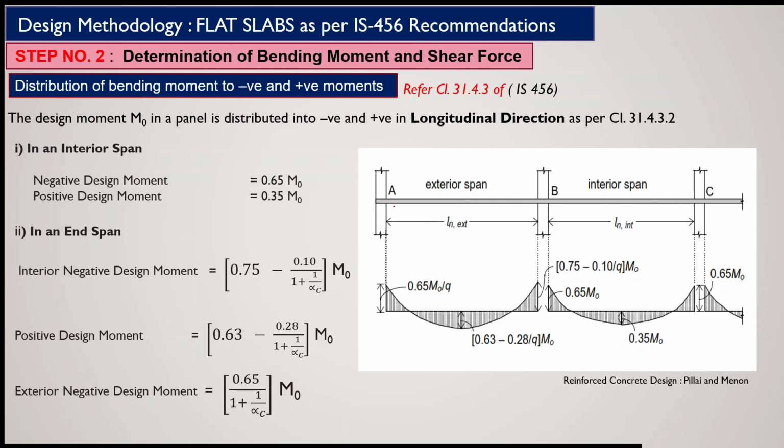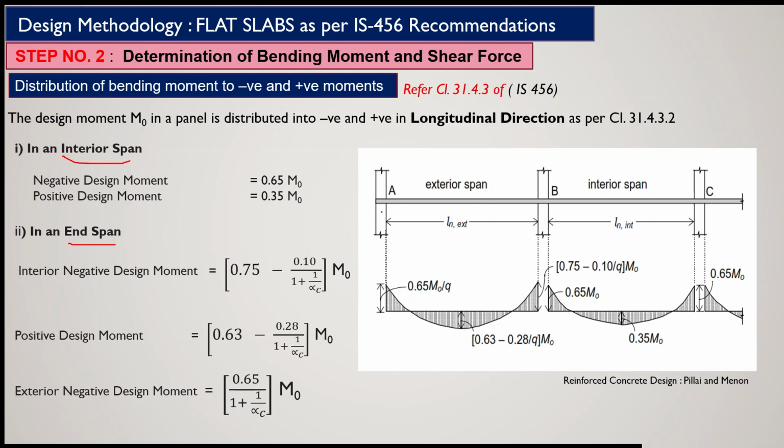Now you can easily see that a number of columns are given. Suppose this AB span is the exterior span and this BC span is the interior span. Now you are able to understand the meaning of interior span and exterior span.